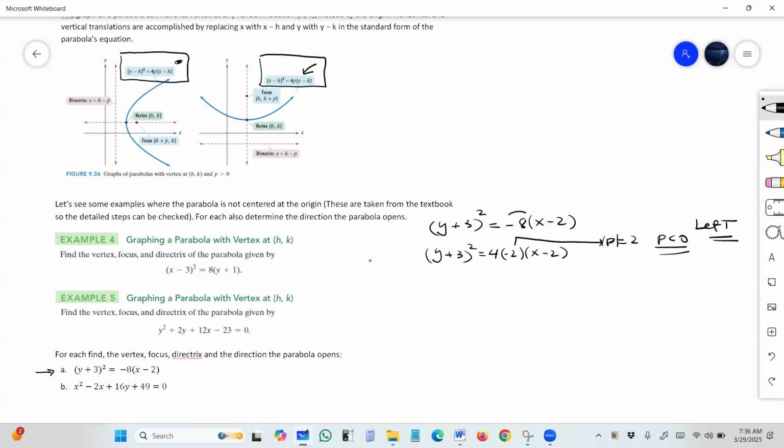Now, let's find the vertex. The vertex again is going to have two coordinates, x and y. And all that you do is pick the values. So here is my x, opposite value, right? If it's negative 2, x is 2. Here's my y. If it's positive 3, negative 3. So my vertex is at 2, negative 3.